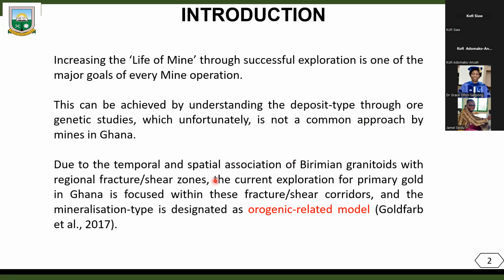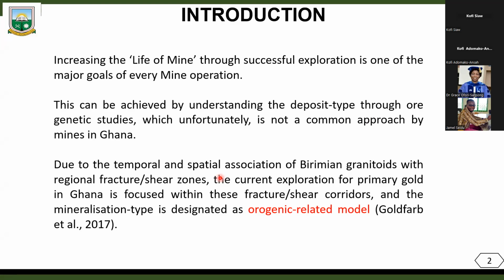Now, in Ghana, due to the temporal and spatial association of what we would call the granitoids that have intruded the Birimian system, we see that most of these granitoids are associated with regional fractures or shear zones, and therefore exploration for primary gold is actually focused within these fractures or shear zones.